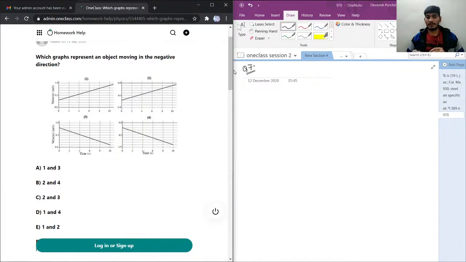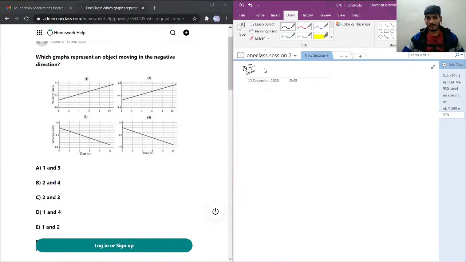And if the velocity is in negative direction, then the slope of this curve should be in negative direction. There should be values where my velocity is negative. For example, let's just start with the first graph.